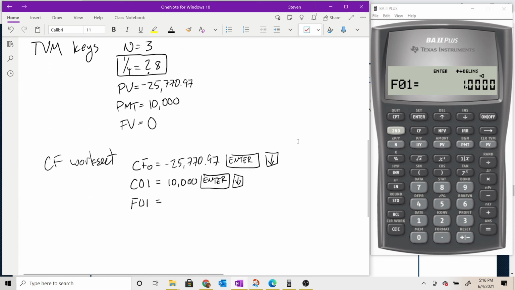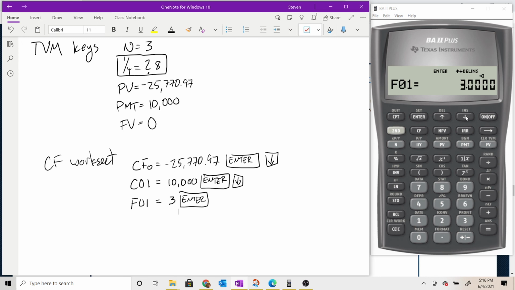So we enter 3 for F01 to tell the calculator that we get it 3 times in a row. We press 3 and then press Enter to store it. At this point, we have entered all the cash flows associated with this particular problem.